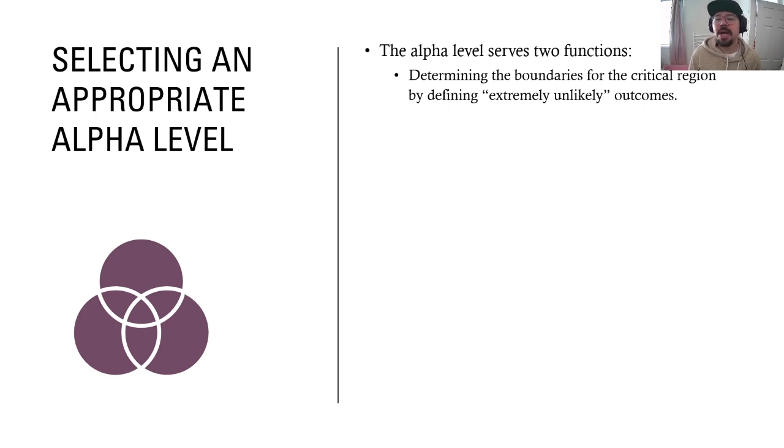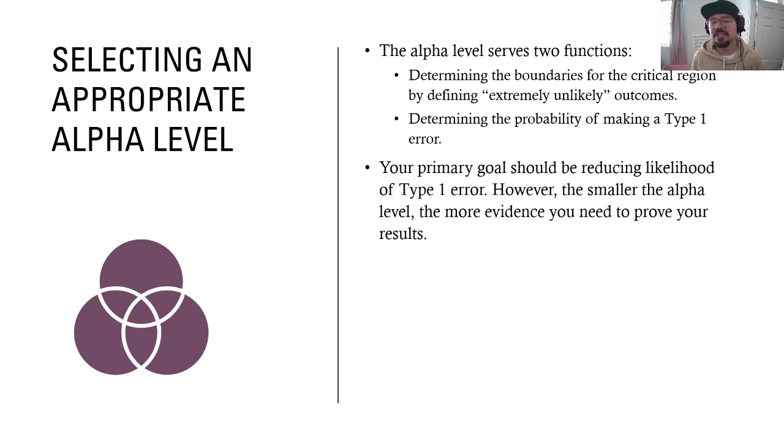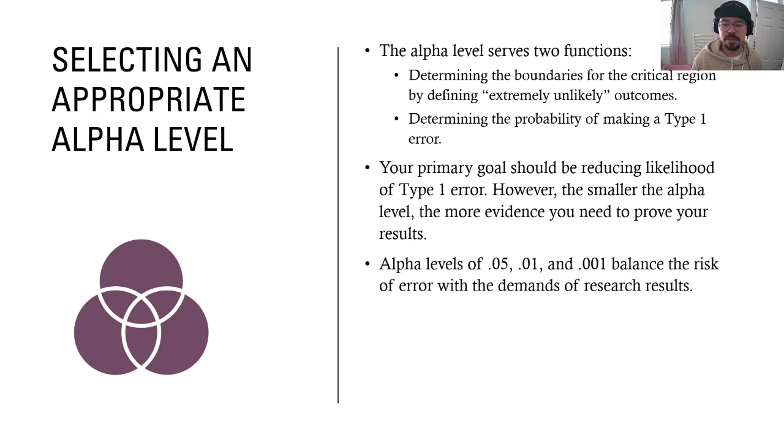Firstly, determining the boundaries for the critical region by defining extremely unlikely outcomes, right? That's one of the functions of the alpha level. The other function is determining the probability of making a type 1 error. Your primary goal should be reducing the likelihood of making a type 1 error. However, the smaller the alpha level, the more evidence you need to prove your results.